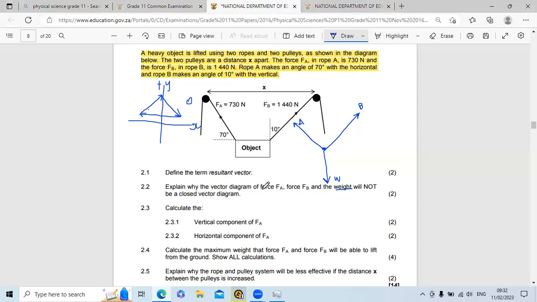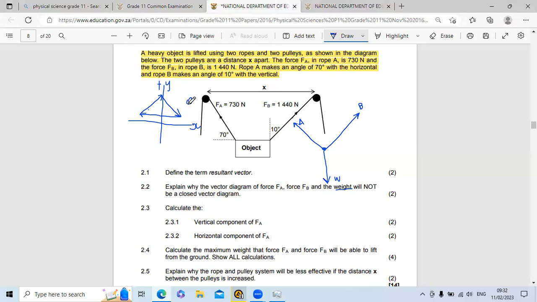So here they say the force A, force B, and the weight, which is the gravitational force, will not form a closed vector diagram. We don't have to go and draw it head to tail. We have to focus on the resultant vector, which has to be a 0.